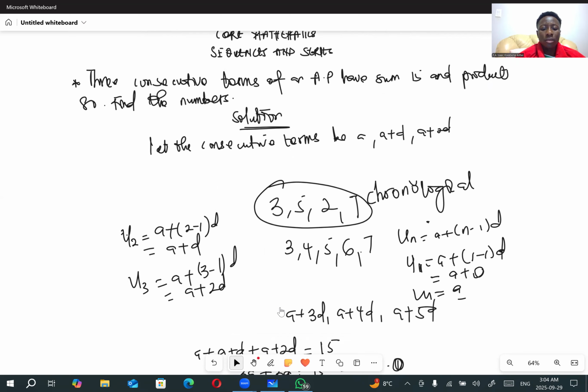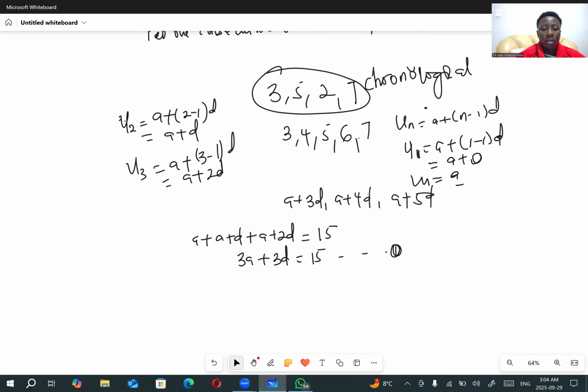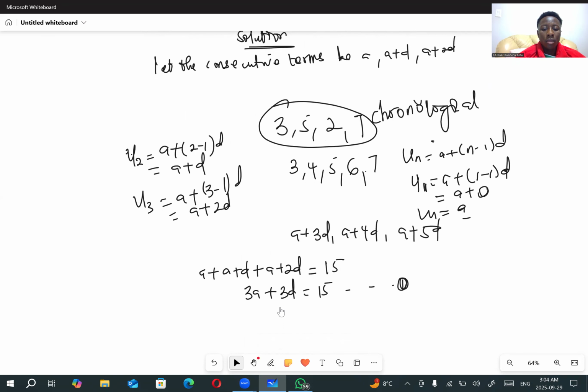Product, go on. a times a plus d times a plus 2d, it's equal to 80.